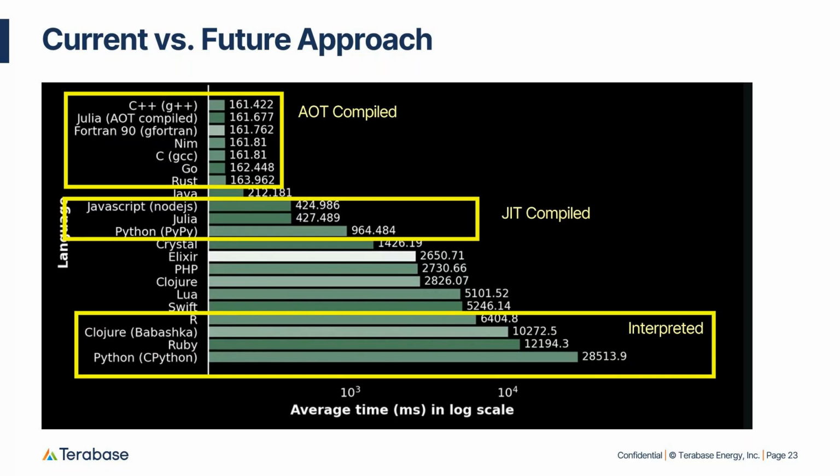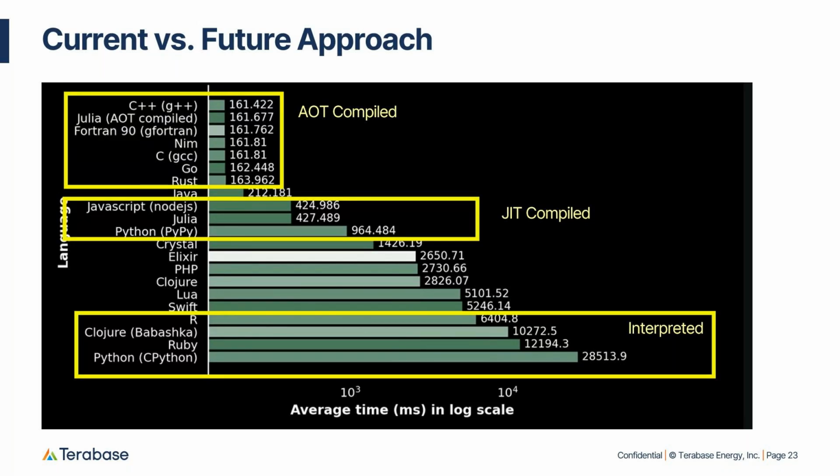JIT compiled, JIT stands for just in time. Basically what happens is your computer will run some of, let's say, the for loop that you've written, and it'll look at this for loop and say, okay, I can compile it in this way to run faster. And it'll do that in the background and then you'll run it.